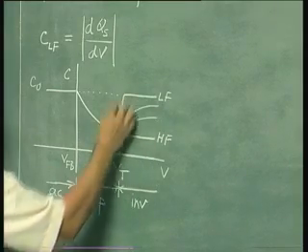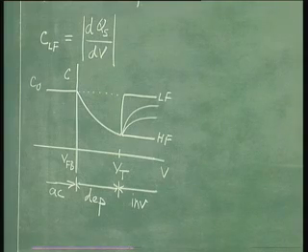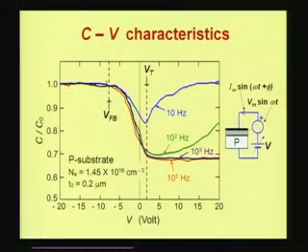Now that is exactly what you find in this slide here. When you change your frequency from high value to low value, progressively you are getting these curves. Of course, what you find is that the minimum here is not the same as this value.